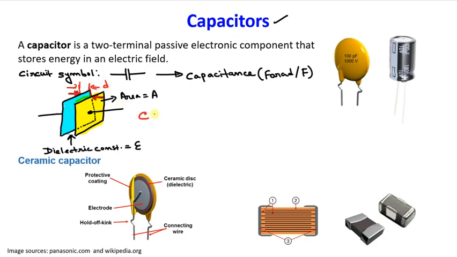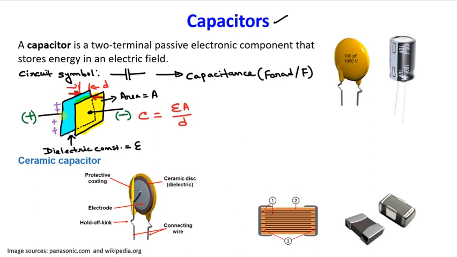Then what is the capacitance? Then capacitance will be epsilon A by D, right? Now suppose with one of the terminals we have connected one polarity and the other polarity of voltage, as shown in this figure.